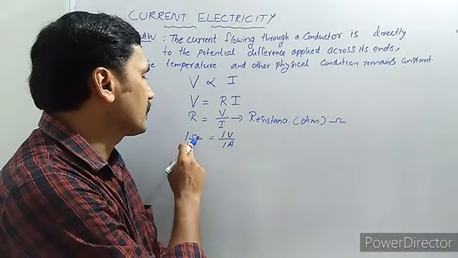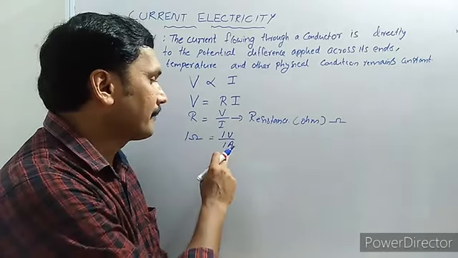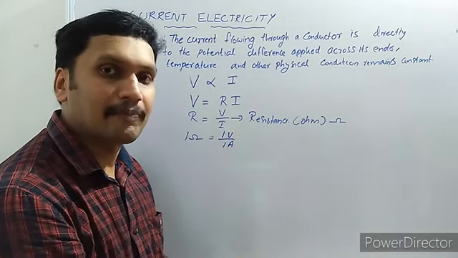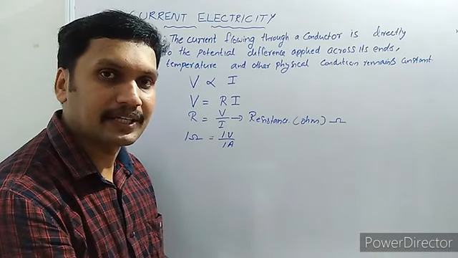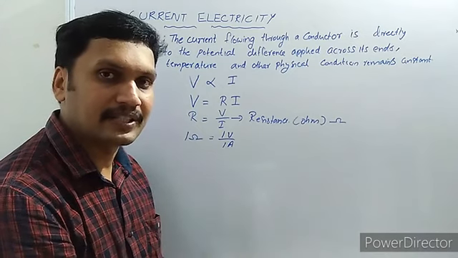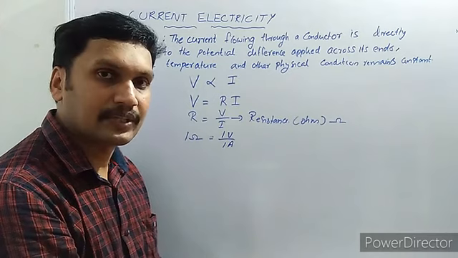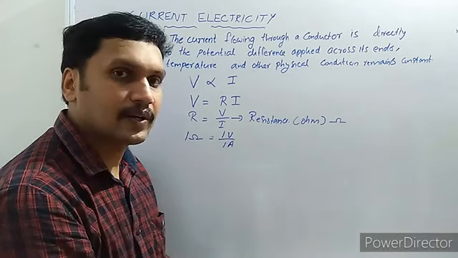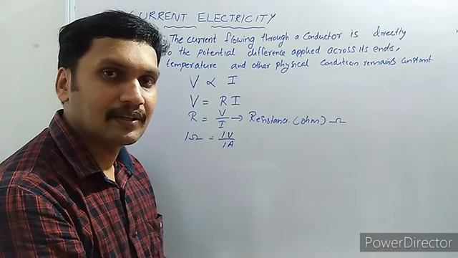So, the resistance of a conductor is 1 ohm if 1 ampere current is passing through that conductor by applying a potential difference of 1 volt between the ends of the conductor.